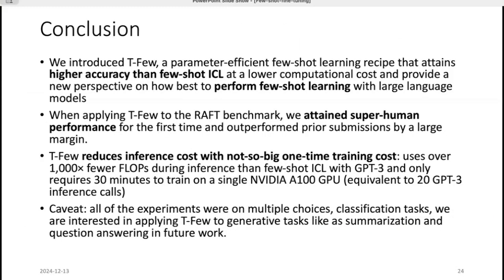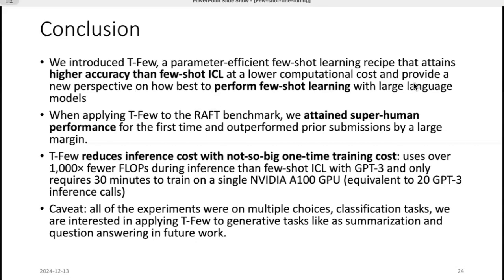I want to conclude with what the main message of this meetup is. I want you all to walk away with some learnings and messages from today. This paper, T-Few, shows that few-shot fine-tuning can attain higher accuracy compared to few-shot in-context learning.